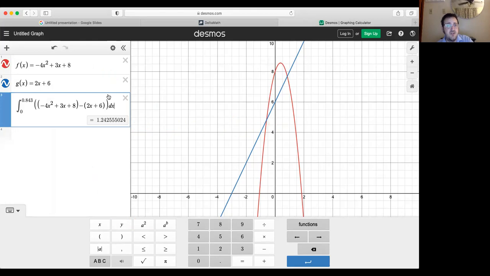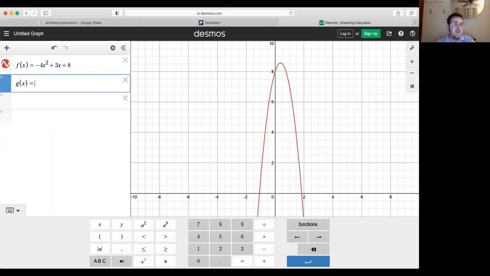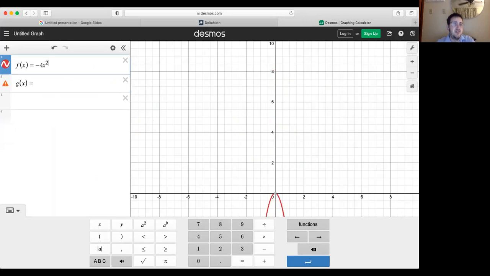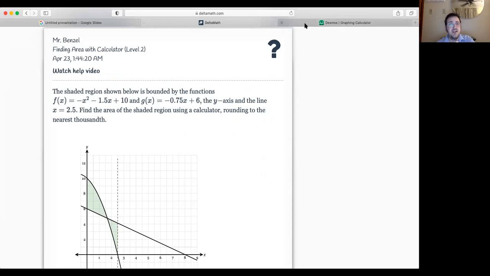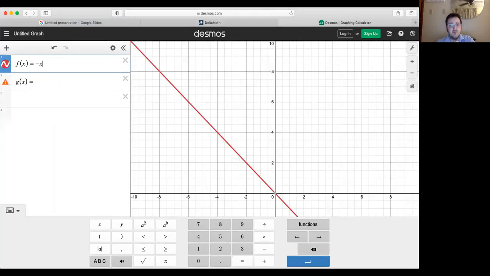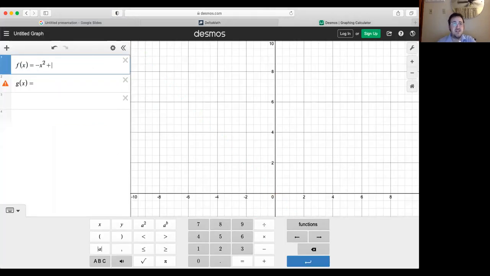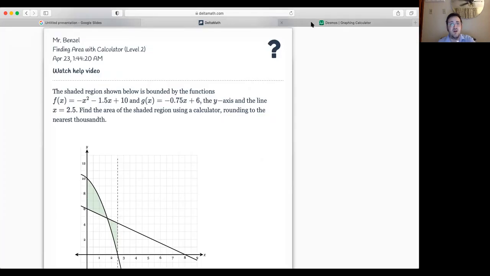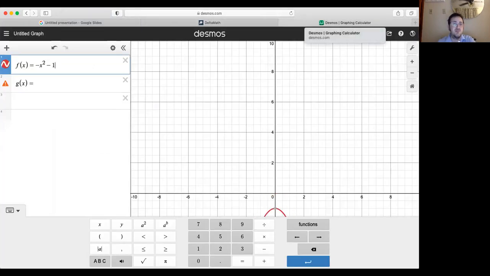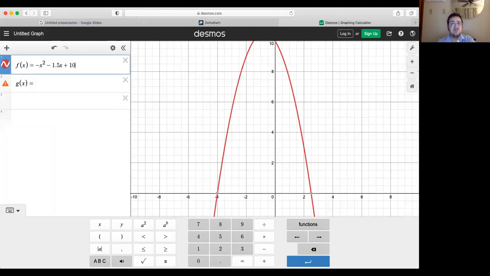So I'm just going to clear everything for right now, except for the names of the function. So the f of x would be negative x squared minus 1.5x plus 10.